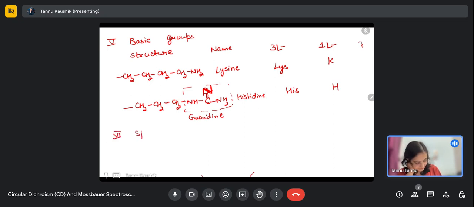This is called histidine. Then we have special groups. We have one more. I'm not using the eraser here because there's some problem with that.